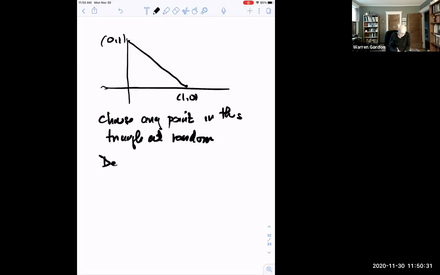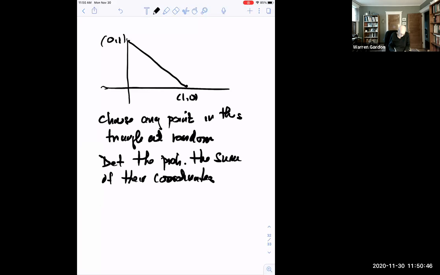Determine the probability that the sum of the coordinates is some number t, where clearly t has to be a number between 0 and 1, right? Because if you look at x and y, they're each going to be fractions. Okay.